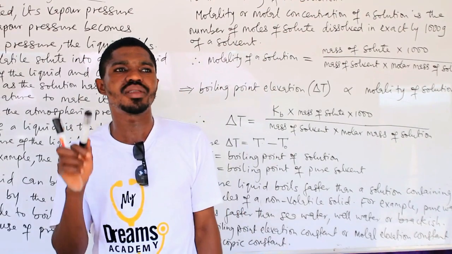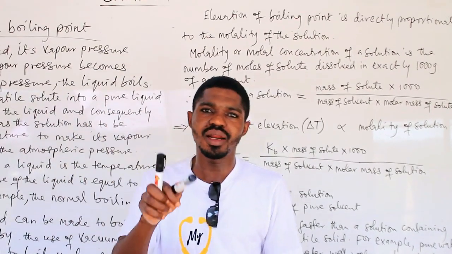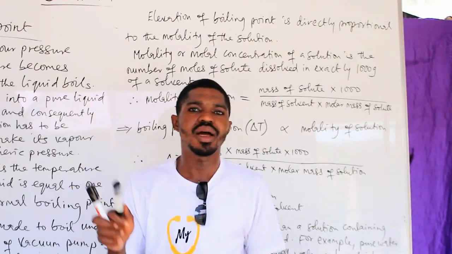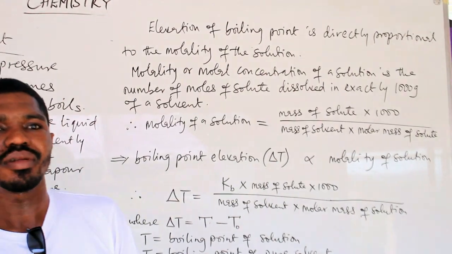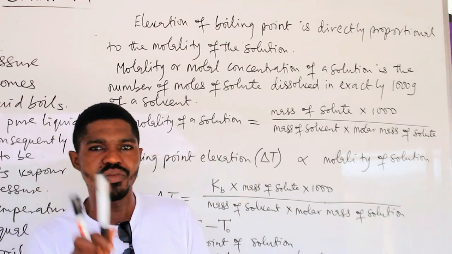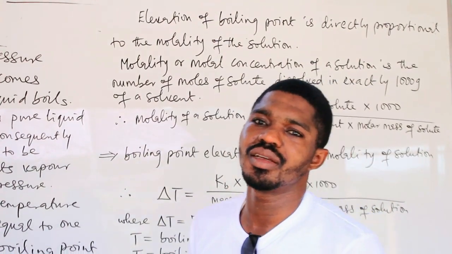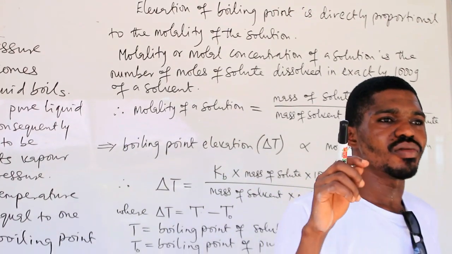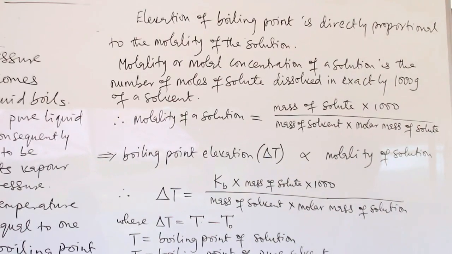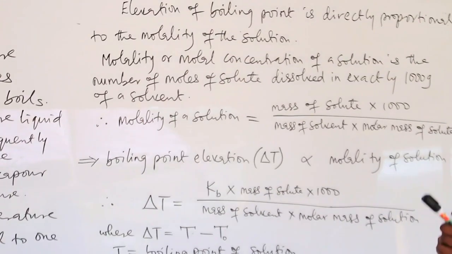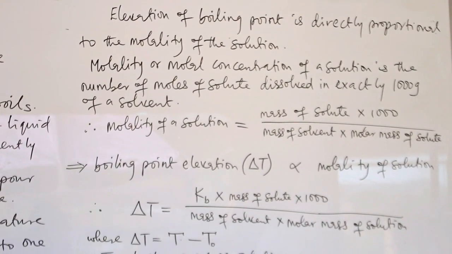Now, boiling point elevation is directly proportional to the molality of a solution. What is molality? Molality of a solution simply means the number of moles of solute dissolved in exactly 1000 grams, or 1 kg, of the solvent in question.